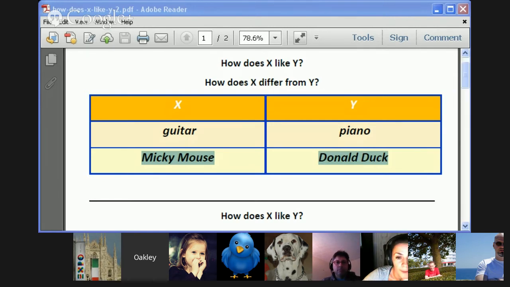That's another way to say it. Okay. Both of them are animals and are characters of the same entertainment company. Okay.